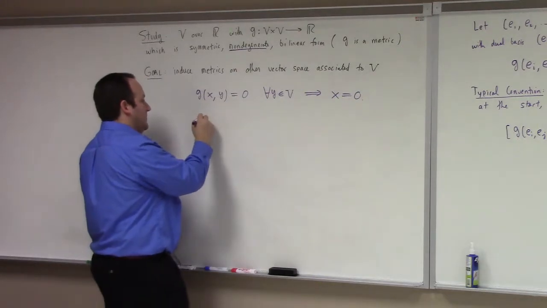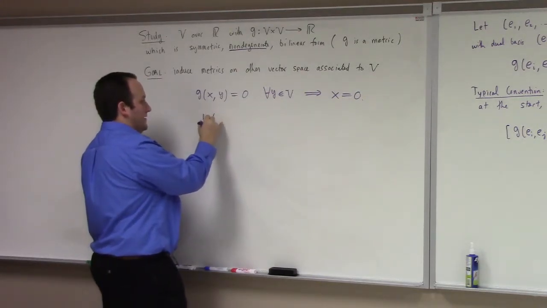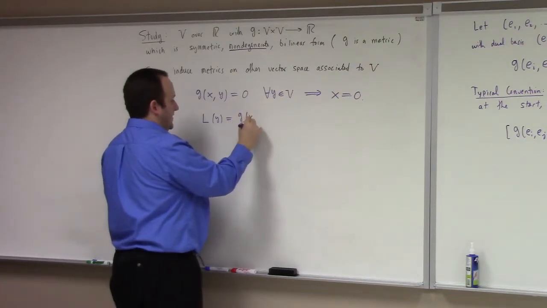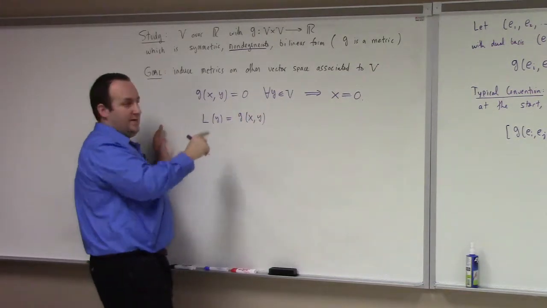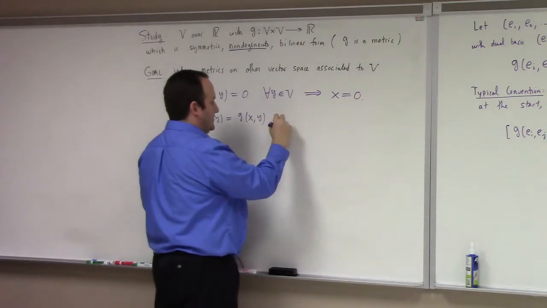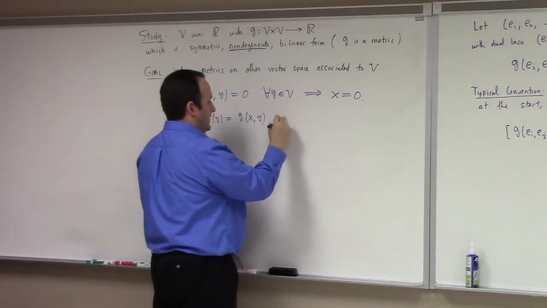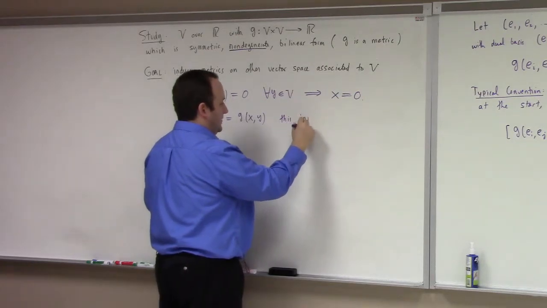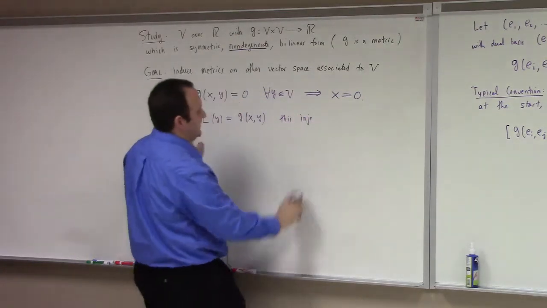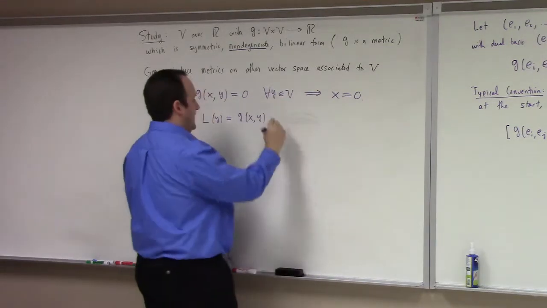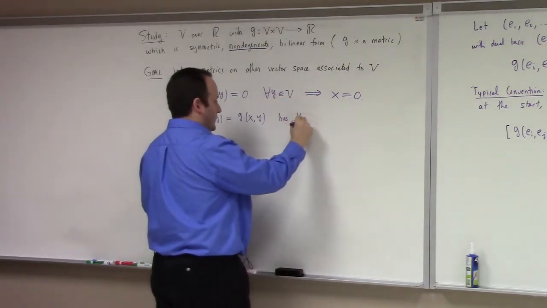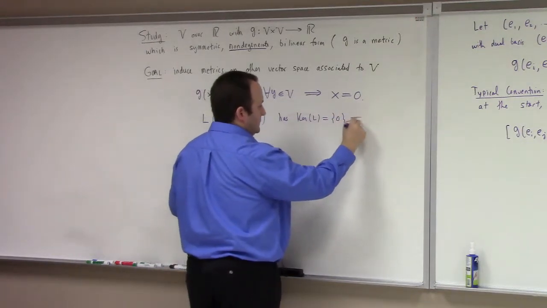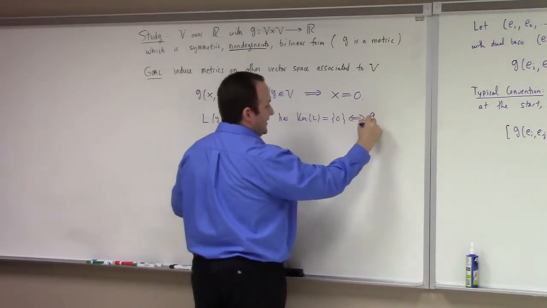If I look at the mapping L of y equal to g of x comma y, then this condition above is exactly the statement that this is injective. To be more precise, the kernel of L is equal to 0 if and only if g is non-degenerate.